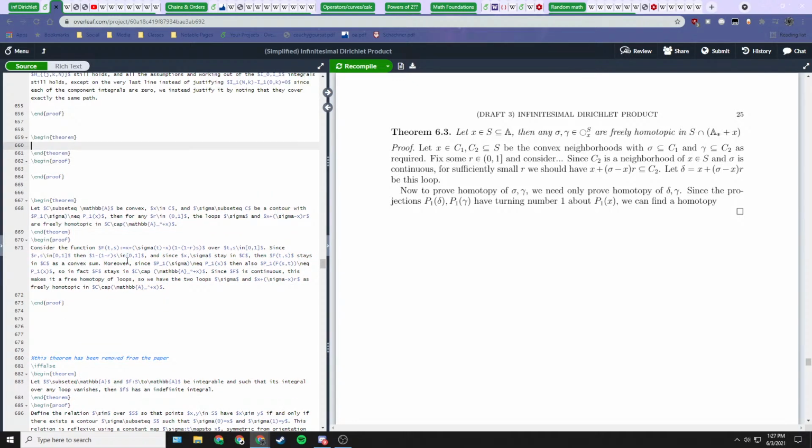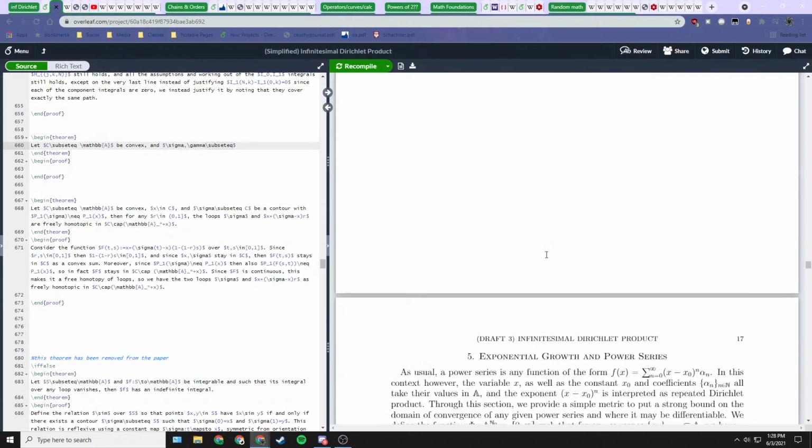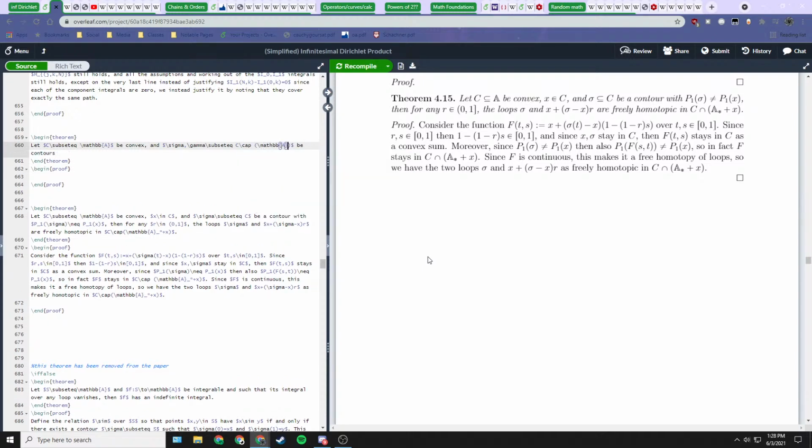We'll say: let C subset to A, B convex, and sigma, gamma, B subset to C, B, actually I'm going to say C cap A star plus X.